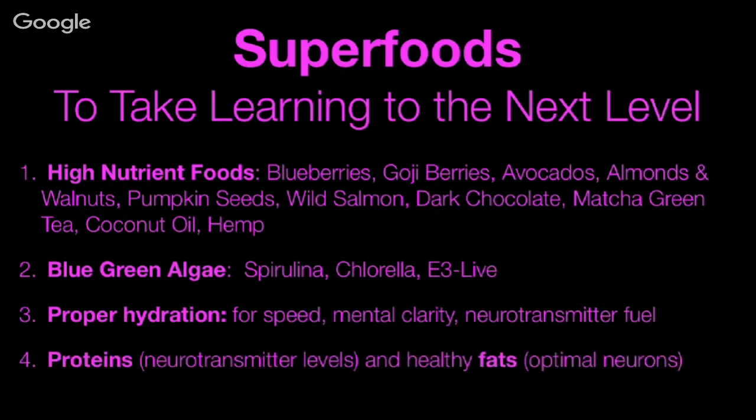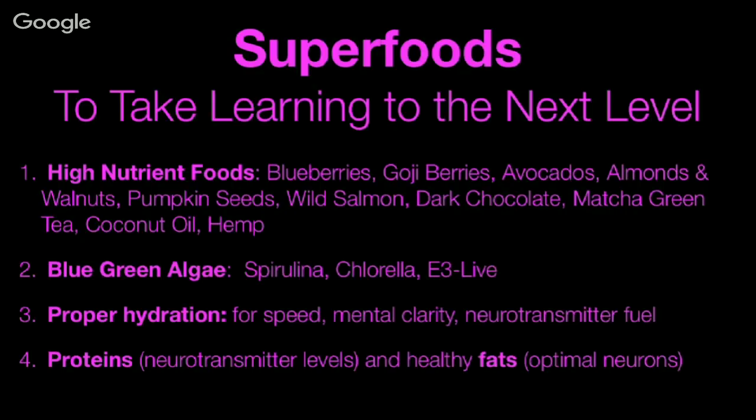So for mental speed and mental clarity, neurological speed and mental clarity, you want proper hydration, and water is ideal, and high quality water. Remember that proteins are the building blocks. Proteins make up amino acids, which are the building blocks of various neurotransmitters, and you want to get those brain healthy fats. You want to get the omega-3 fatty acids, which are lacking in the modern diet.